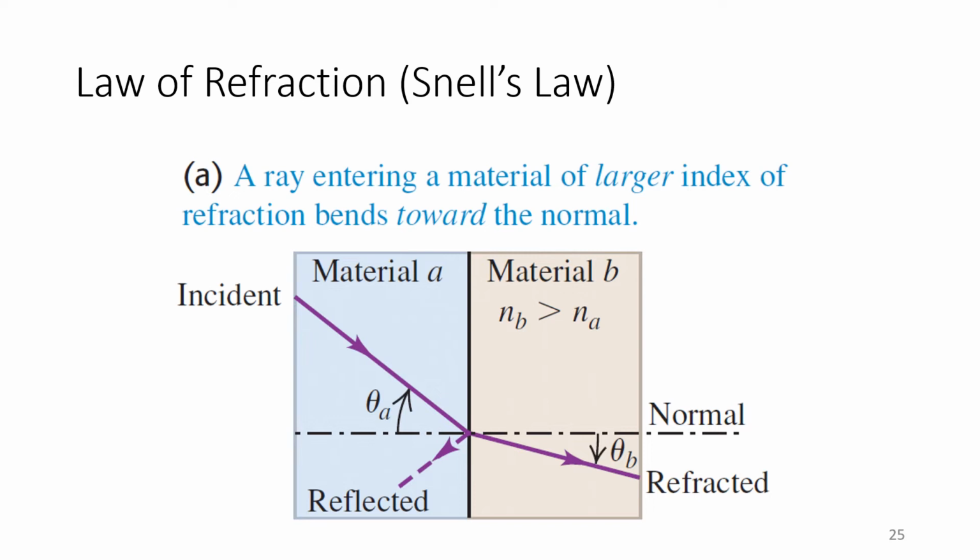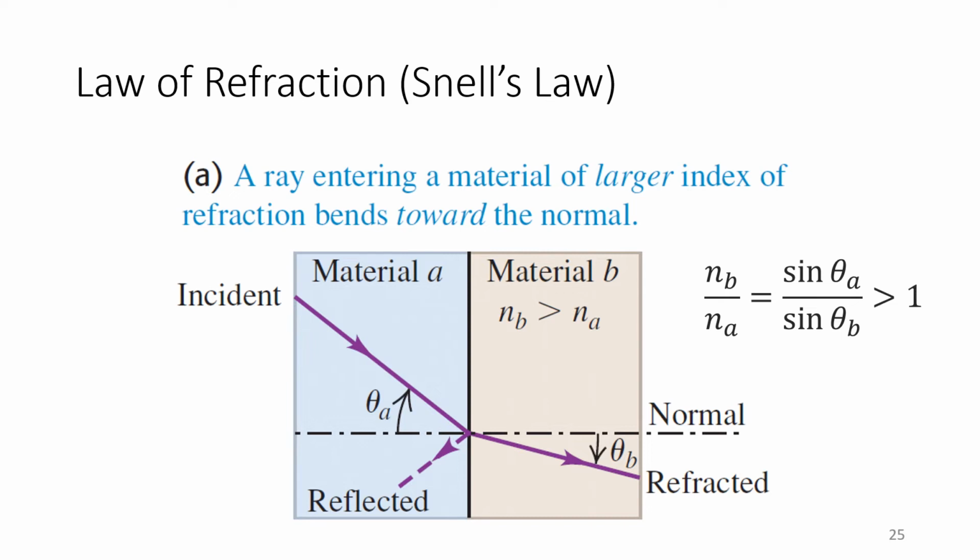Isolating the refractive indices on one side and the sines on the other, we see that n sub B over n sub A has to be greater than 1 because we said n sub B is higher than n sub A. This also means that the ratio sine theta sub A over sine theta sub B is greater than 1.